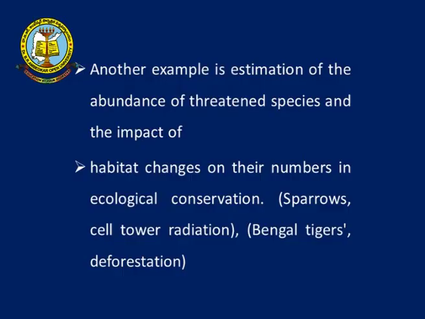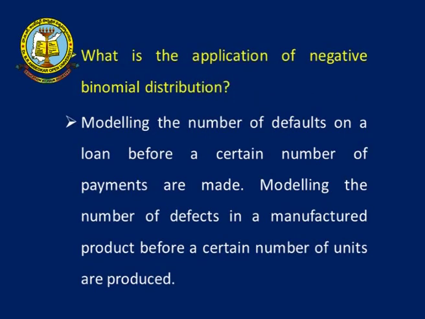Suppose we take one example, estimation of the abundance of threatened species, and the impact of habitat changes on their numbers, that is ecological conservation. What is ecological conservation? Sparrows and cell tower radiation, Bengal tigers and deforestation, we take in this one.